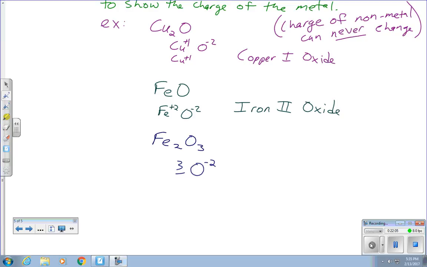That's a total of -6 then. So if we have 2 irons, and it has to have a total of +6, then they must each be +3 ions. So this would be iron 3 oxide. Any questions? Just kidding. I'm not here to answer them.